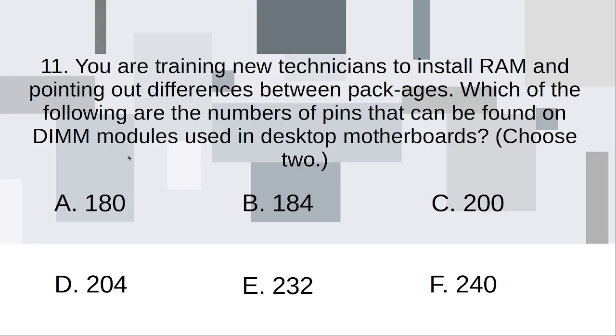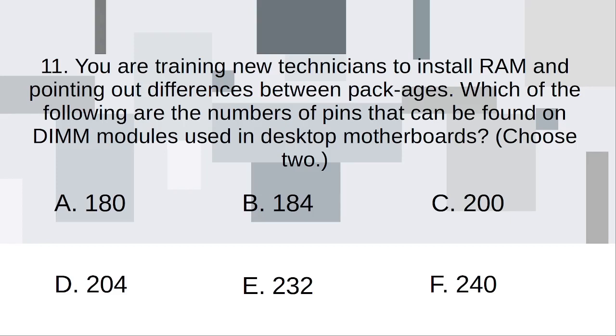Question 11 says, you are training new technicians to install RAM and pointing out differences between packages. Which of the following are the numbers of pins that can be found on DIMM modules used in desktop motherboards?